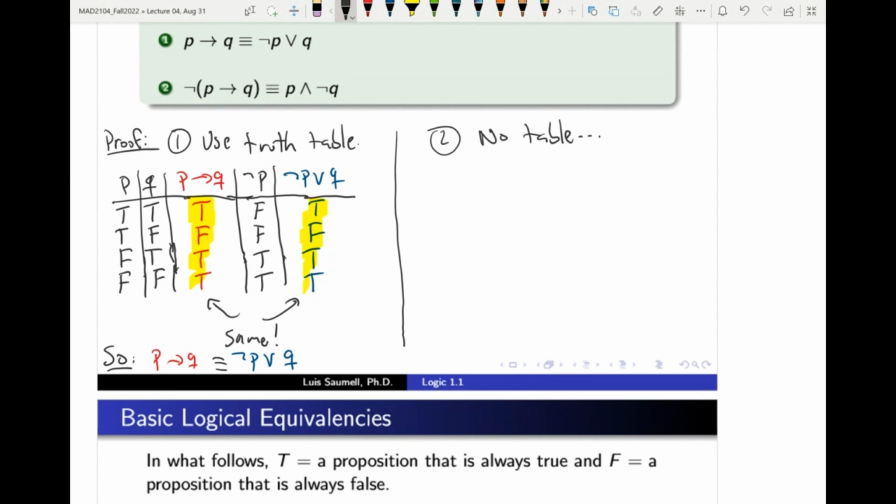They're equivalent. P equivalent to Q means that the values of P and Q are the same. Now, Q equivalent to R means the values of Q are the same as the values of R. Well, then what about P and R? They're the same, like transitivity, right?